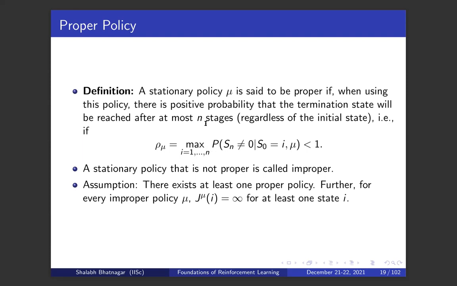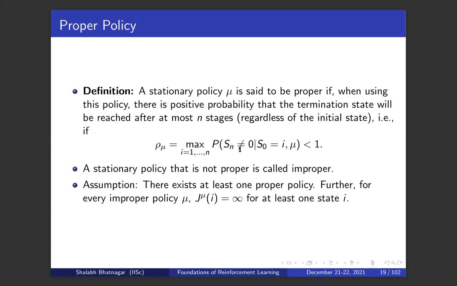So again, a stationary policy mu is said to be proper if, when you are using this policy, there is a positive probability that the termination state will be reached after at most n stages.